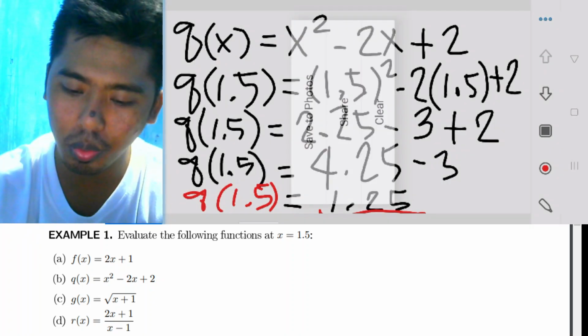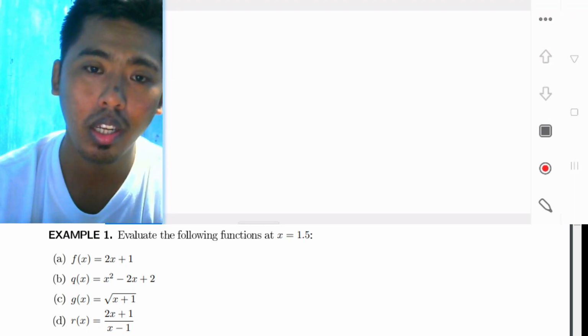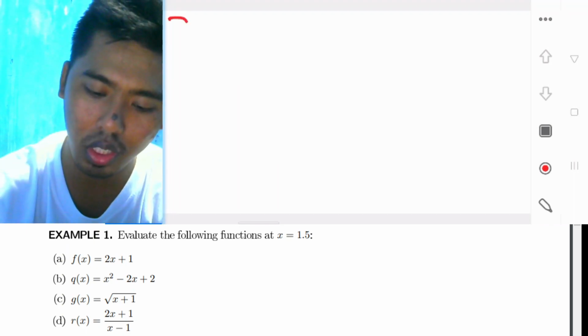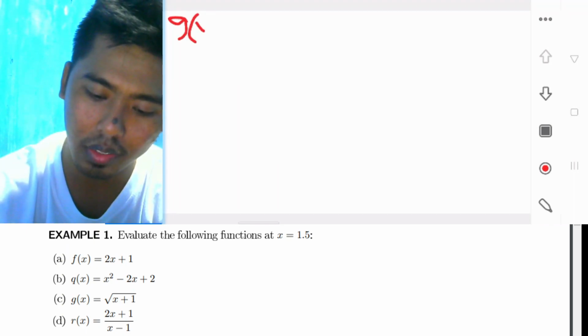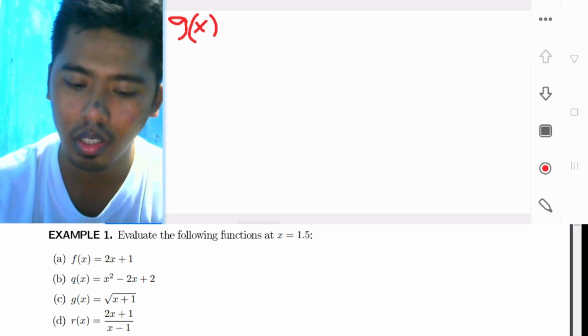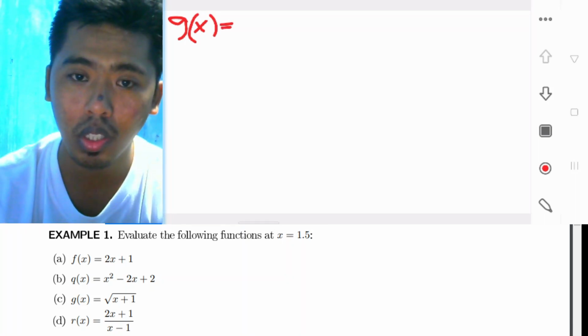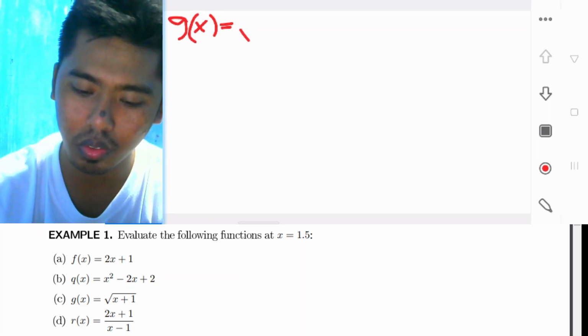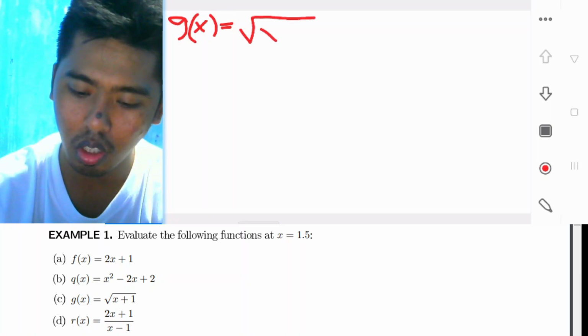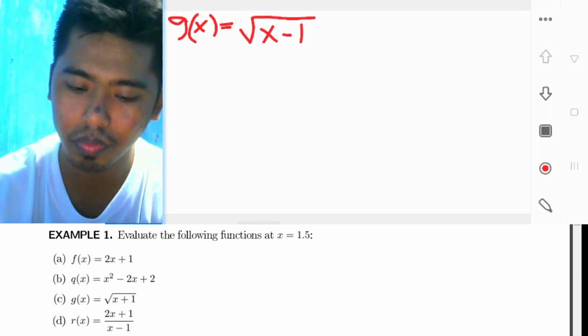Now let's try to answer letter C, the g of x. It is equal to the square root of x minus 1.